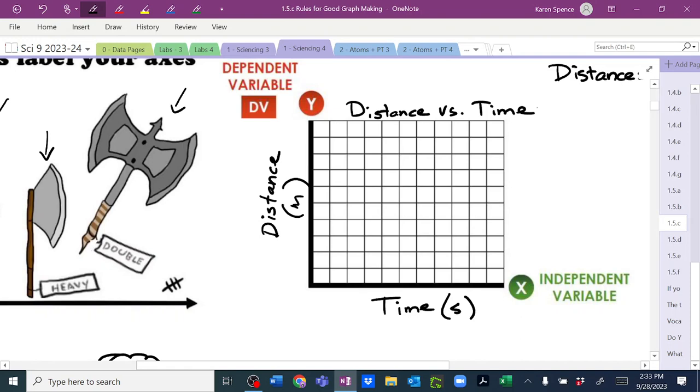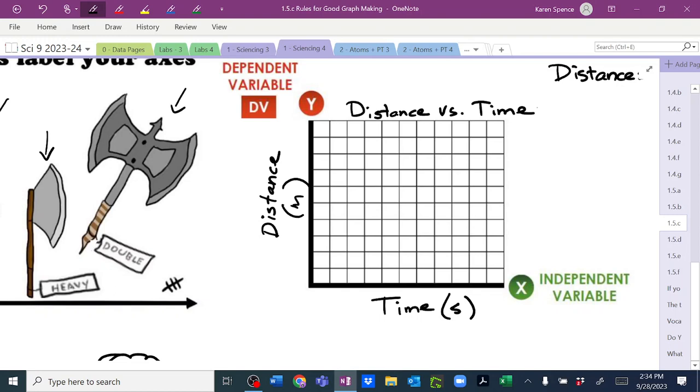If you ever have trouble remembering which one to write first, just take a look at your graph. As you're reading, which one do you read first? We read from left to right and top to bottom, right? So here we go. What do we read first? Distance, and then we read time. So it's going to be distance versus time.